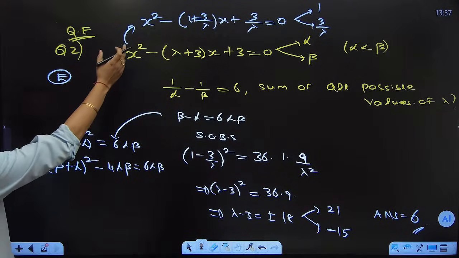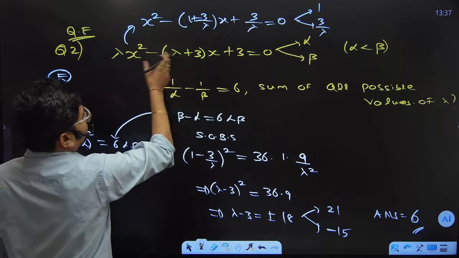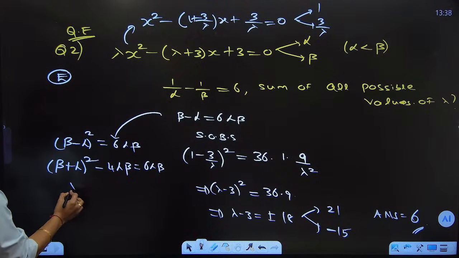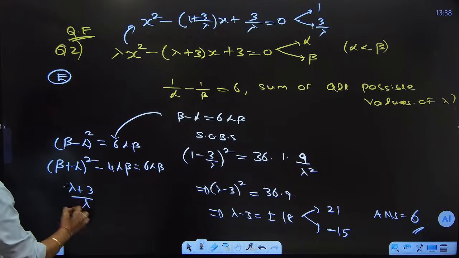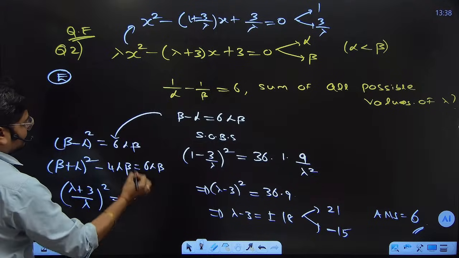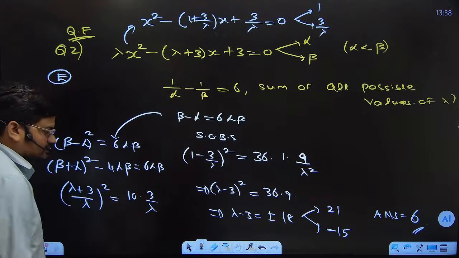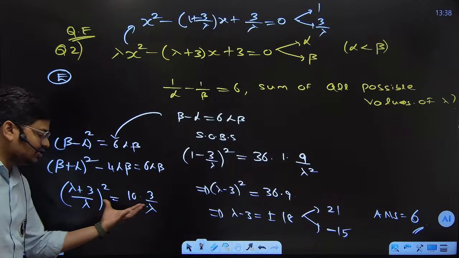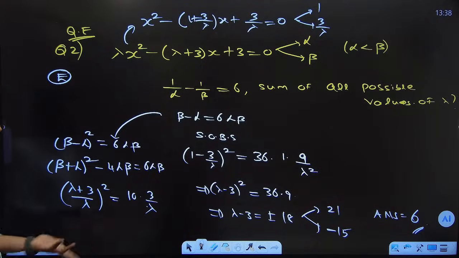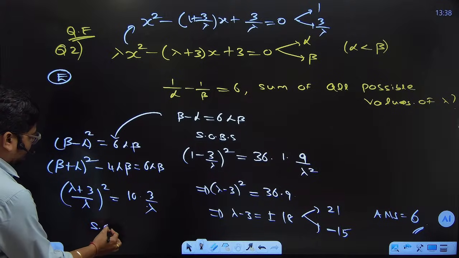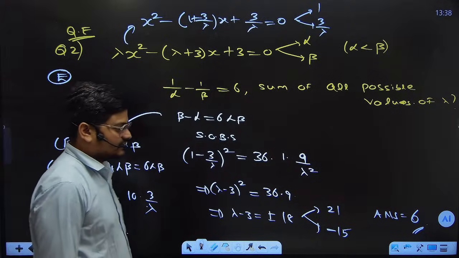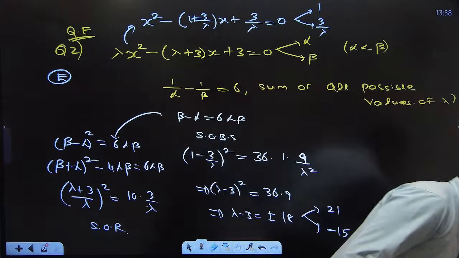So the sum of roots is again known to you from the equation as, what sir? It is lambda plus 3 by lambda whole square is equal to 10 times alpha beta. The product of roots is 3 by lambda. Okay. Now again here if you observe, you will get a quadratic in terms of lambda. Try to just find the sum of roots in this part, SOR. Is it okay? Right. This is also another easy question.